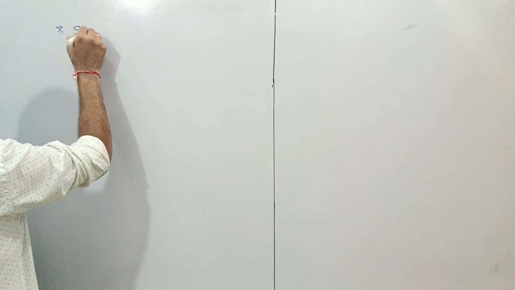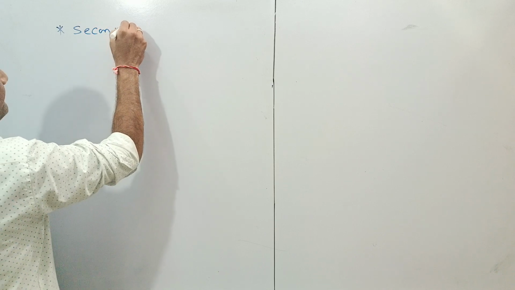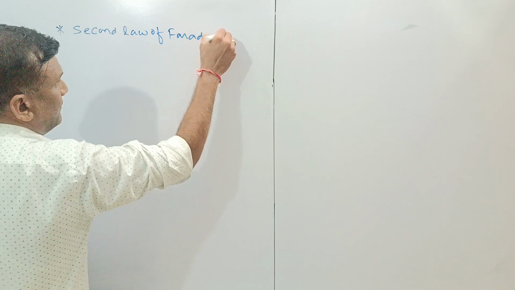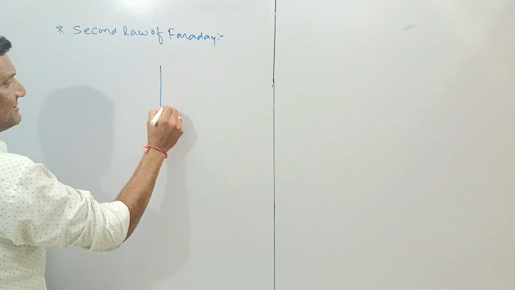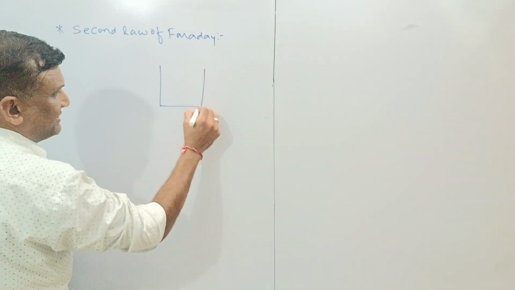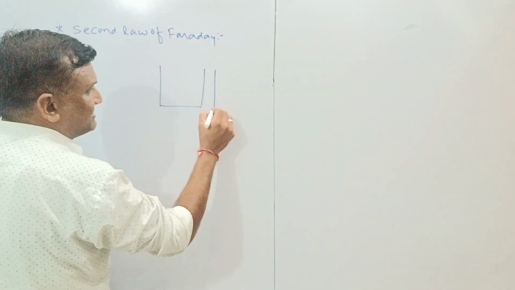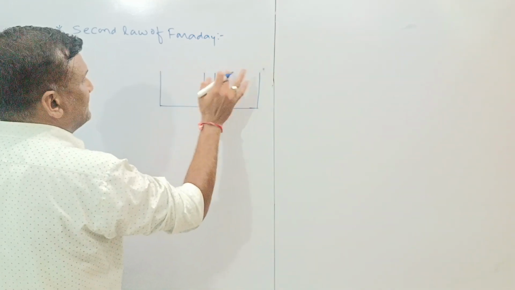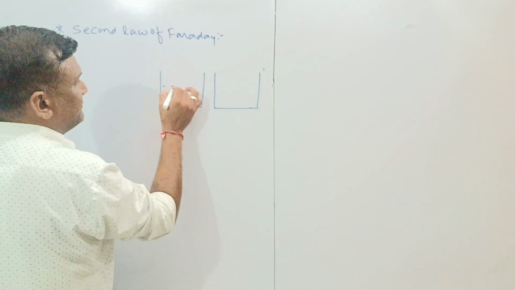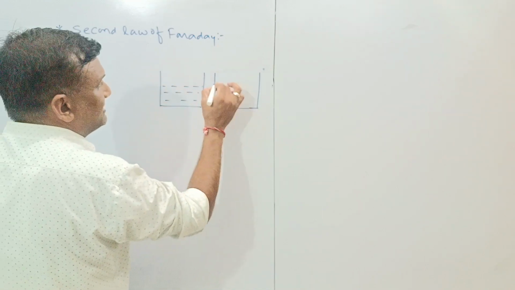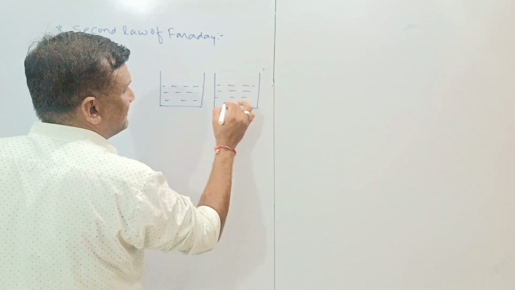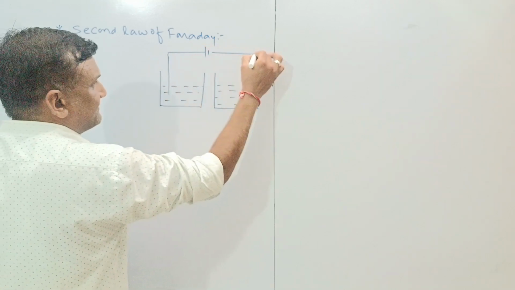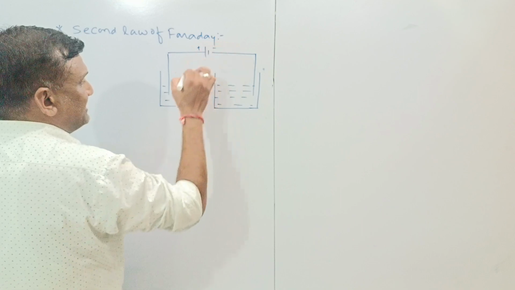This is the second law of Faraday. What is that? Suppose there are two electrolytes. This one is the first container and this is the second container having different electrolytes. Suppose the first electrolyte is CuSO4 solution, and the other is AgNO3, and both are connected in series combination like this, plus and minus.